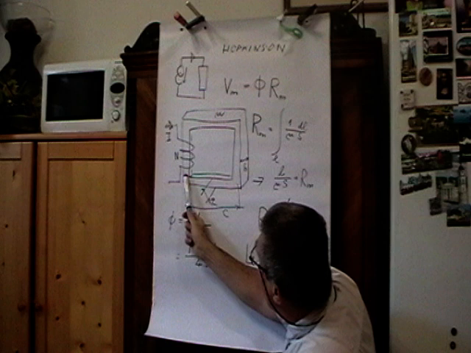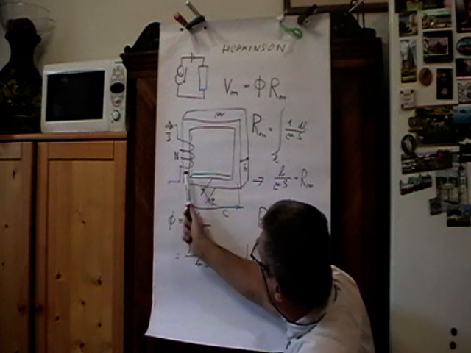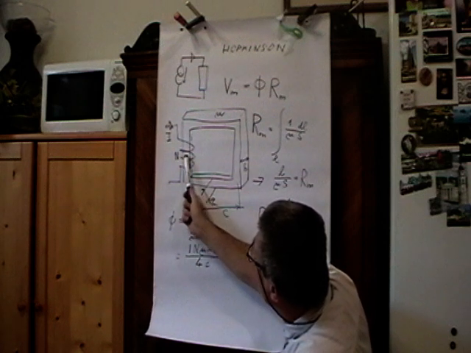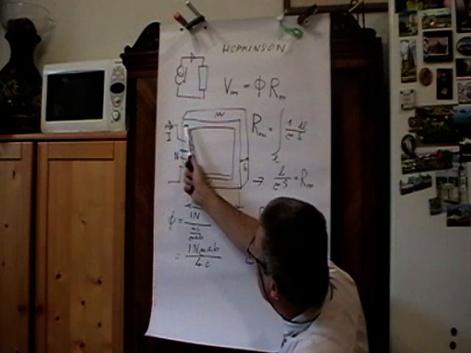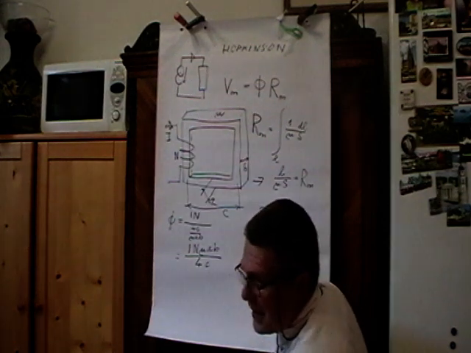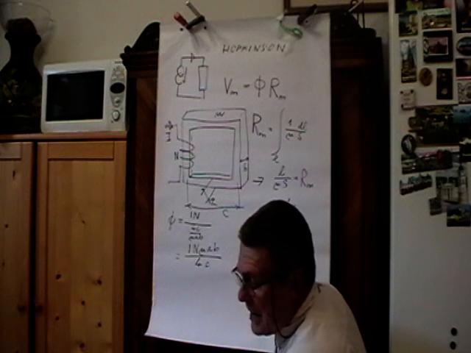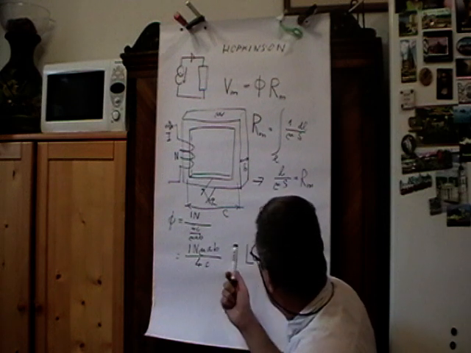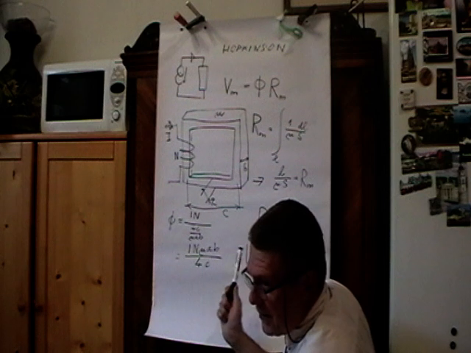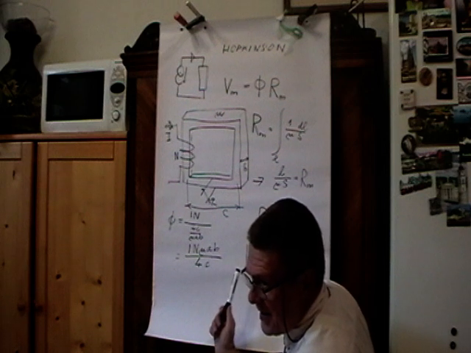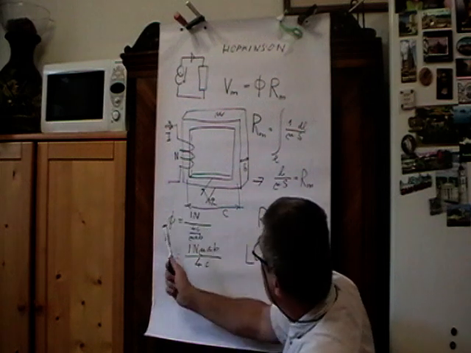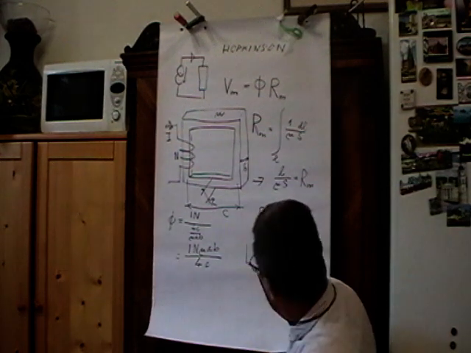The flux passes through the inductor, but it passes through 1, 2, 3, and finally n turns of the inductor. And in this case, we have to consider the total flux through the inductor, which is n times phi.